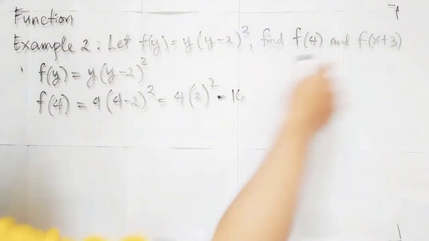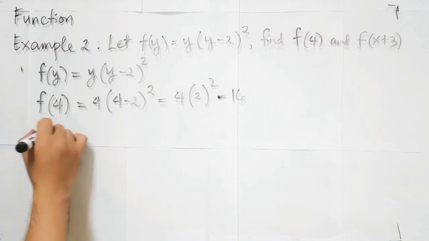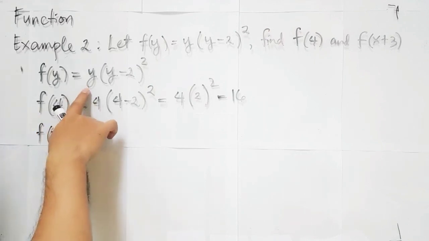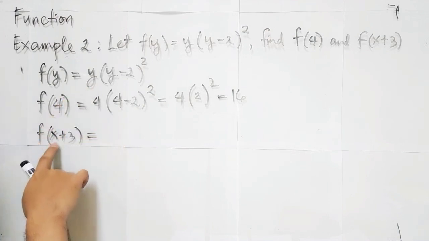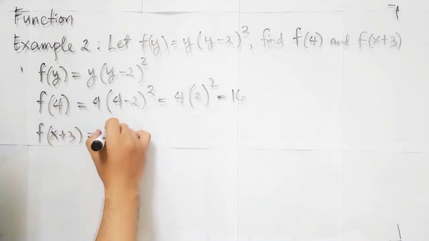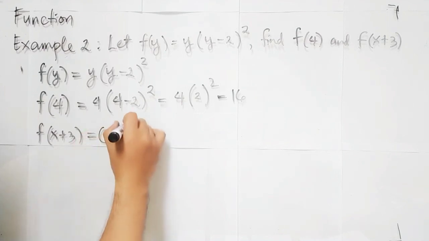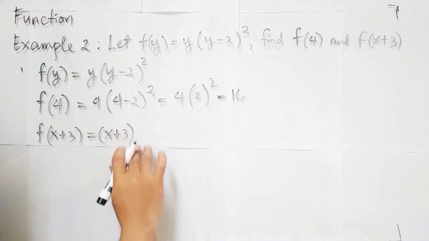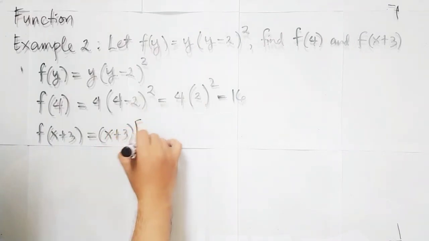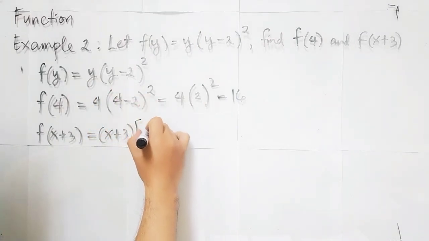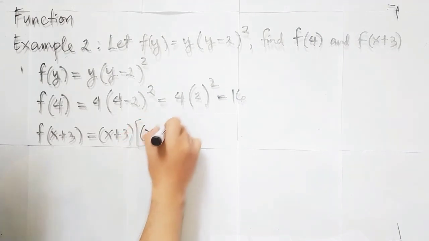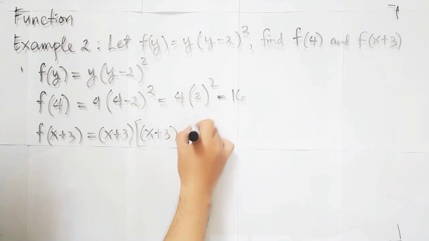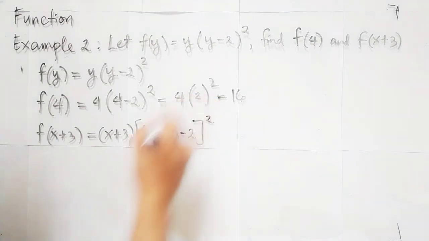Next, f of x plus 3. Instead of writing y, we will make use of x plus 3. So we have x plus 3, and I will be using a bracket: x plus 3 times (x plus 3 minus 2) squared.